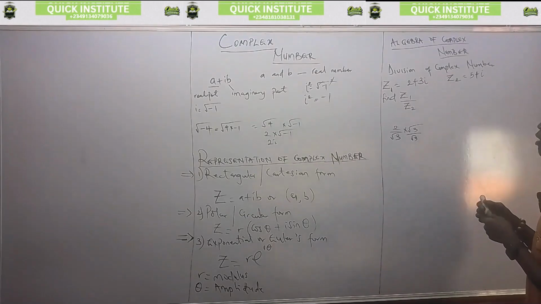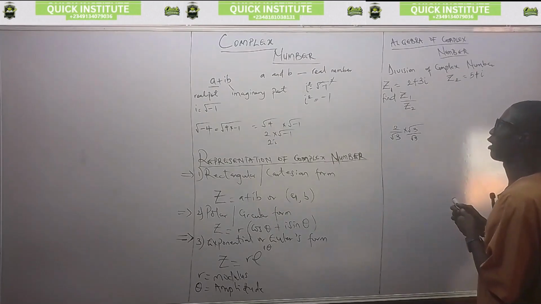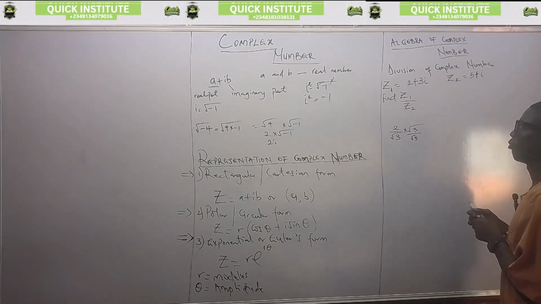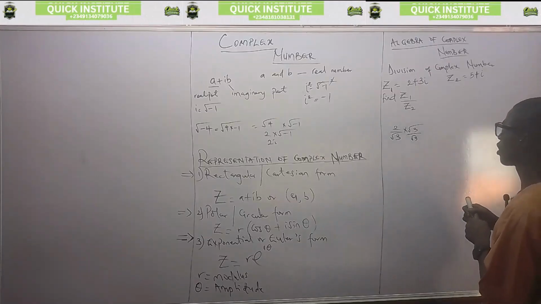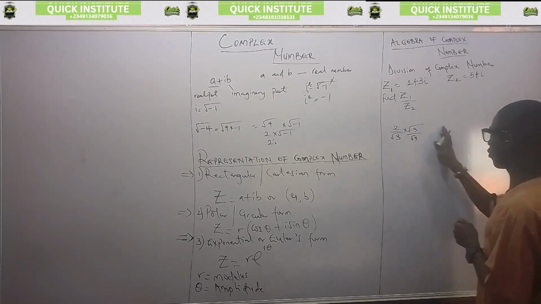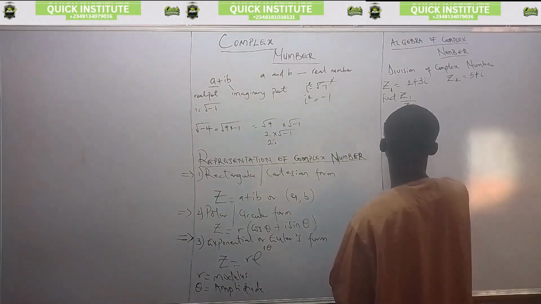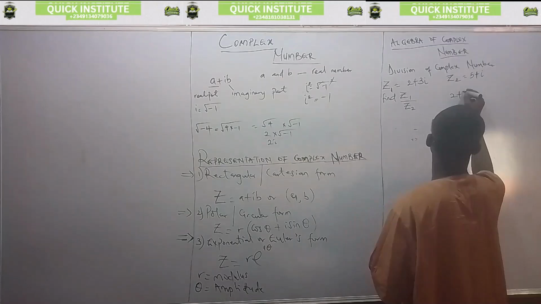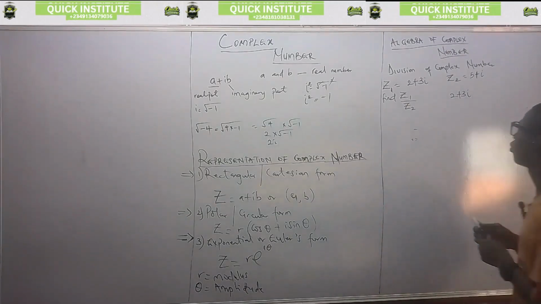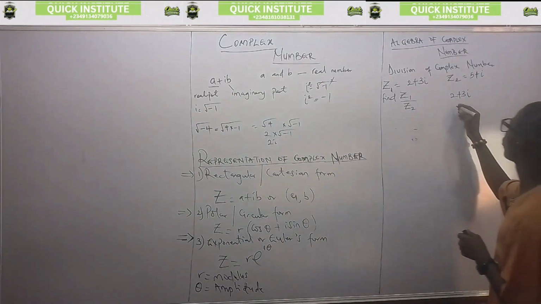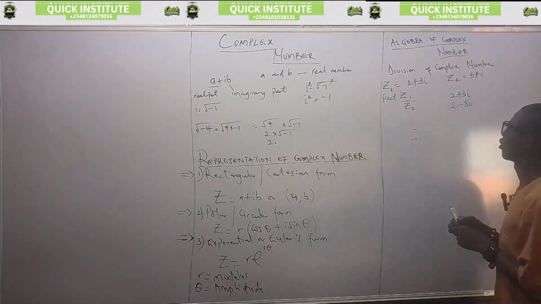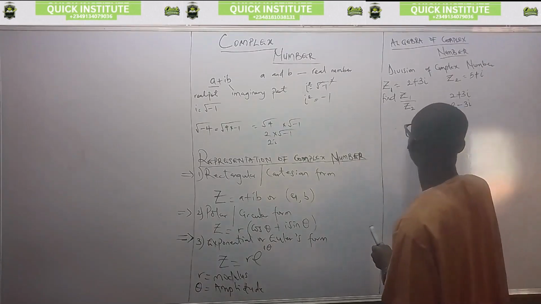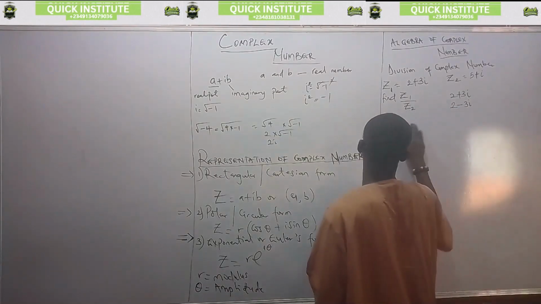Likewise, with complex numbers it is taboo to have an imaginary part in the denominator. So we have to take the conjugate. If we have 2 plus 3i, the conjugate will be 2 minus 3i. So that's how we find the conjugate.